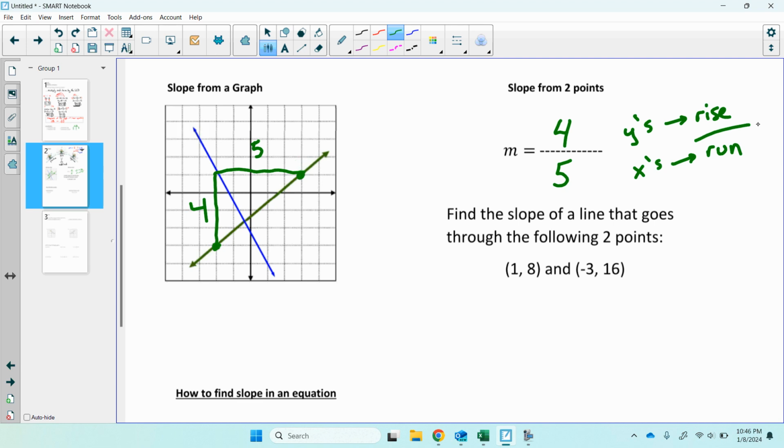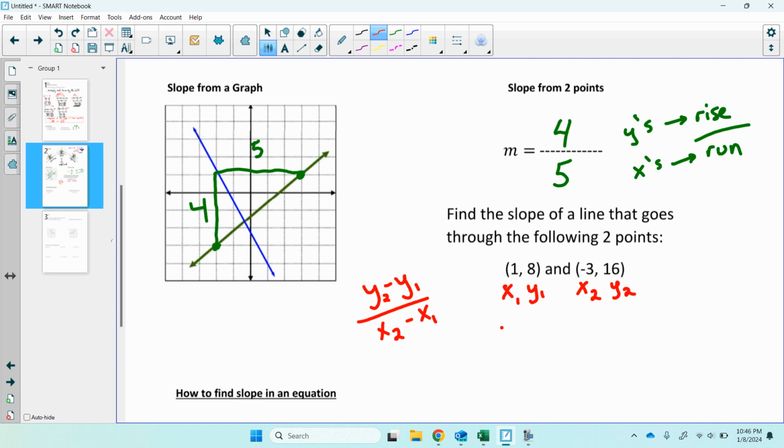If we're finding the slope of the line that goes through 2 points and we can't visually see the graph, then we just need to calculate those pieces. So it always helps me to go ahead and label. This is my first x and y coordinate. This is my second x and y coordinate. So that when I try and plug this in, I know exactly which numbers to grab.